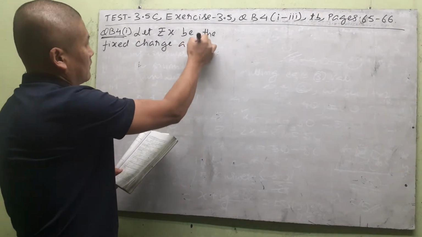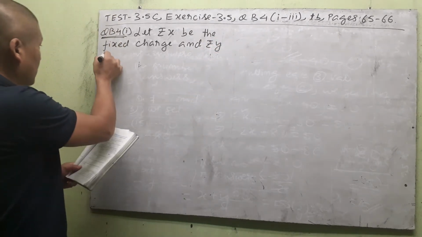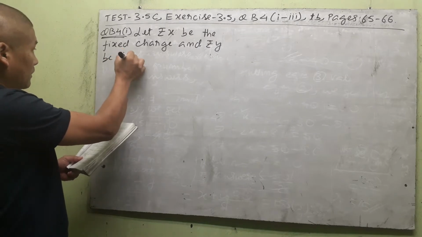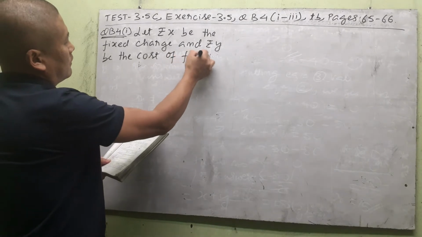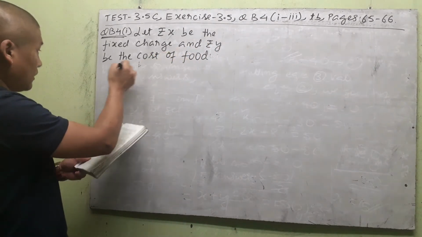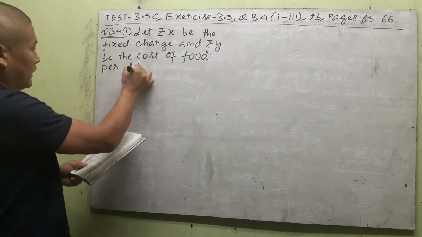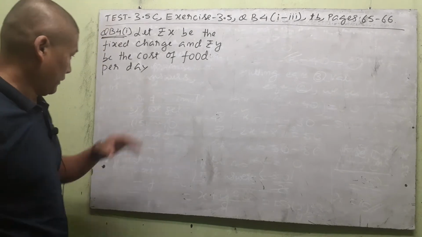And rupees Y be the cost of food per day. The word per here means 1 day. Per means 1, okay. So we have to find this, okay.